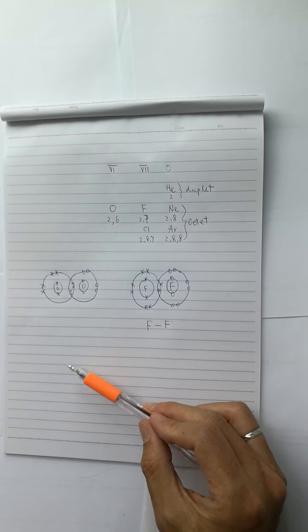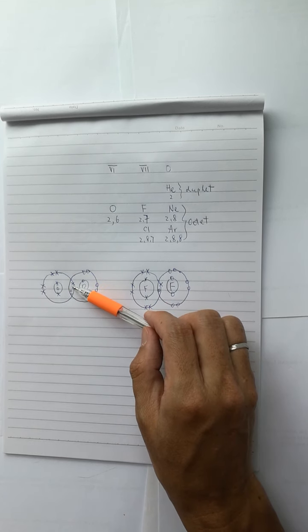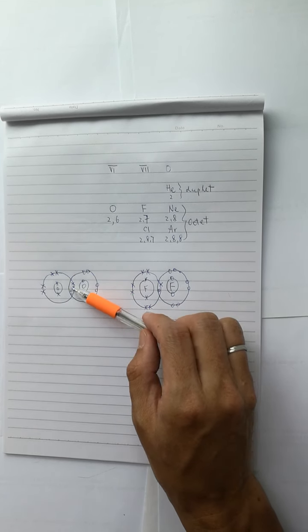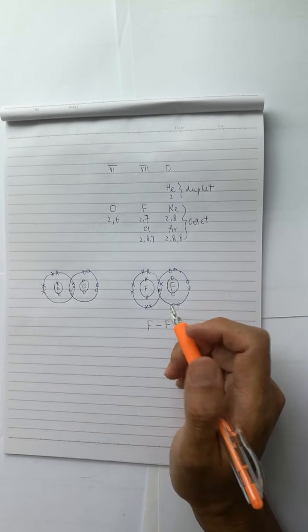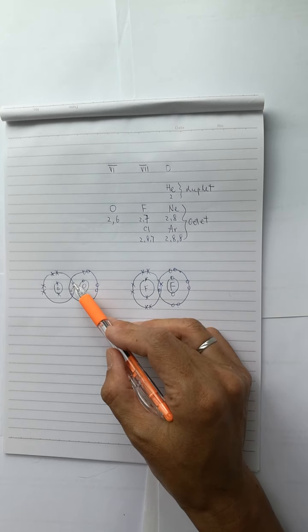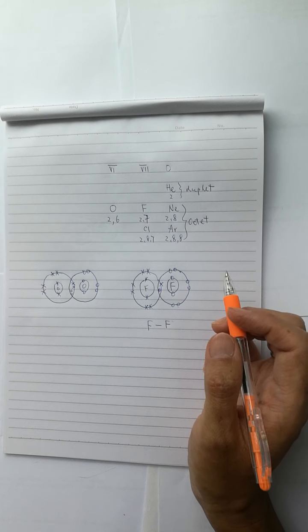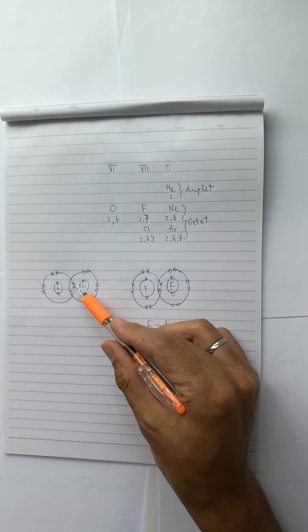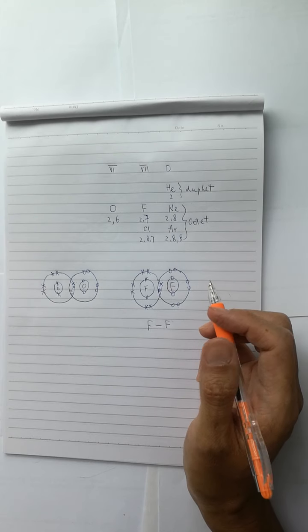And you count the number of electrons, 2, 4, 6, 8, 2, 4, 6, 8. Then the 2 oxygen atoms are now stable octets, and there are 4 electrons being shared. And there are 2 bond pairs.